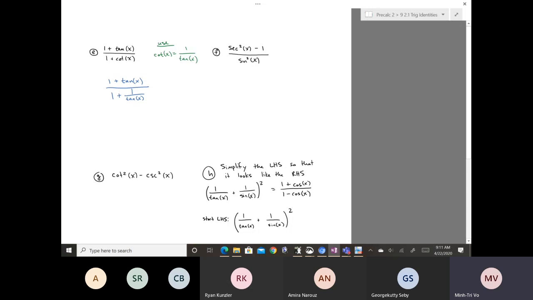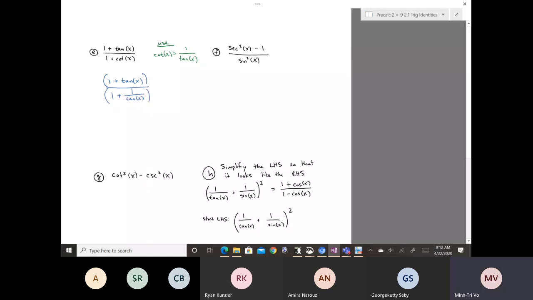What can I do? I have a fraction inside a fraction, so I can look to find the common denominator. There's only a single denominator, tangent, so that has to be the common denominator. So I can cancel the denominators by multiplying the top and the bottom by tangent.